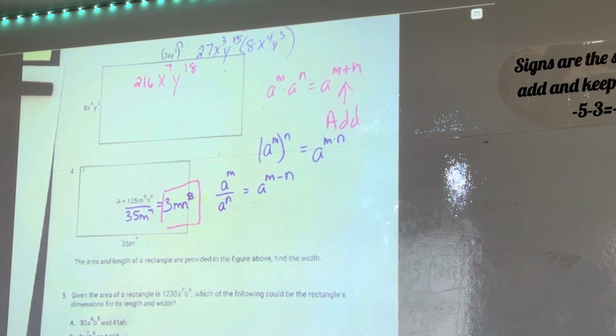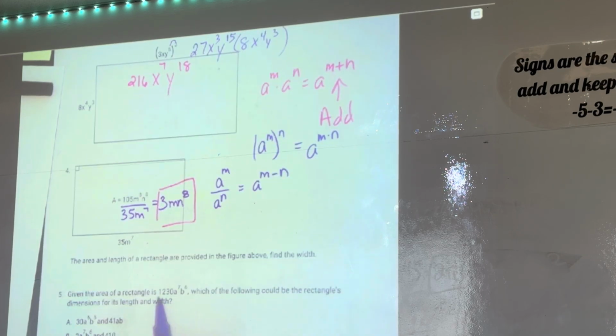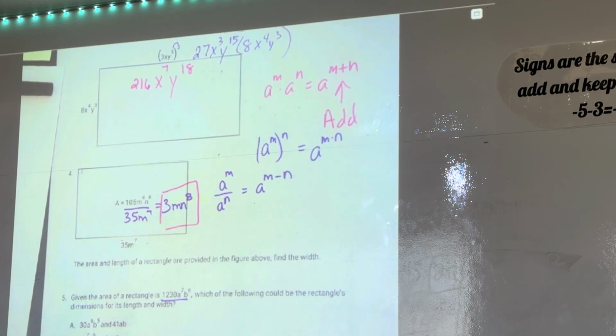Okay, number 5. Number 5 says, given the area, right here, which of the following could be the rectangle's dimension? So 2 things have to happen. 1, you have to multiply the number and they have to give you 1,230. And you have to multiply and add the exponents, and they have to add to equal 7 and 6.